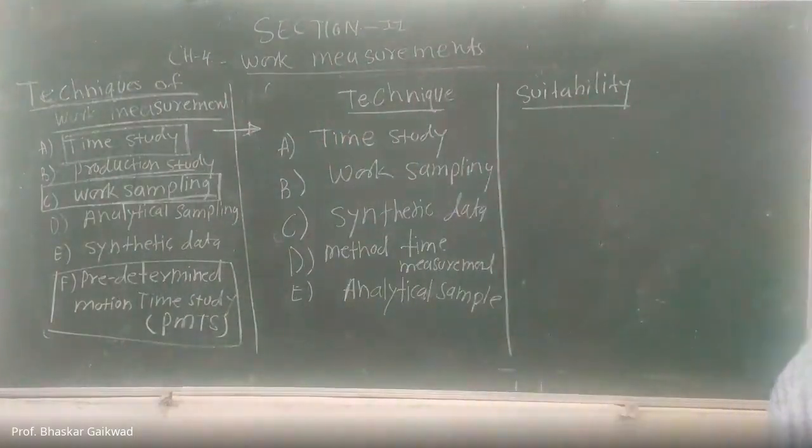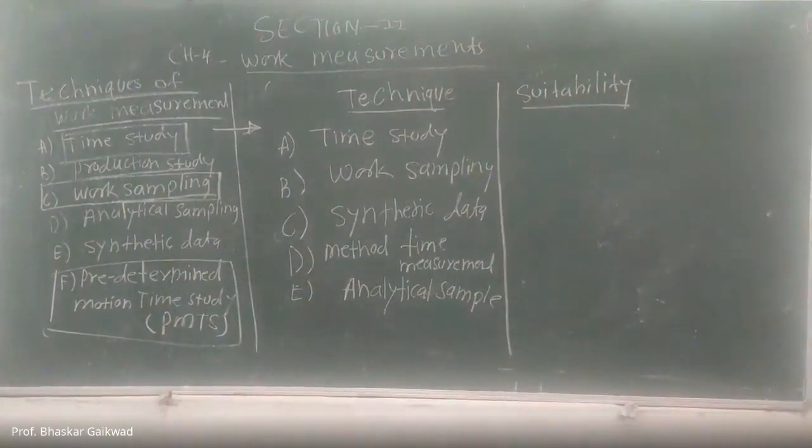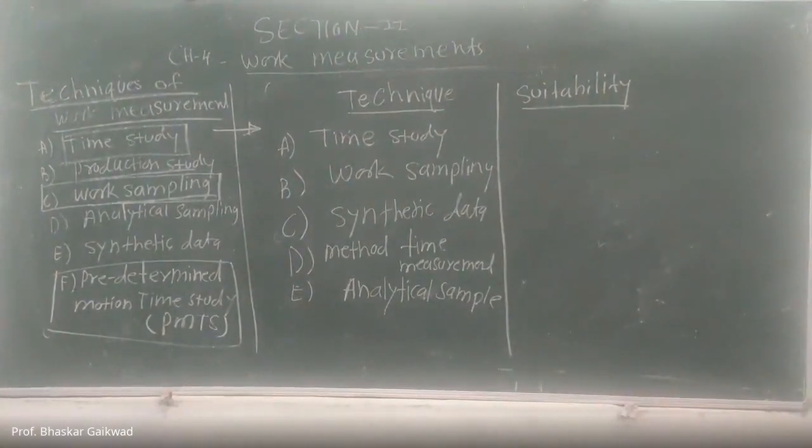So here the techniques are time study, then work sampling, synthetic data, method time measurement, and analytical method. So when we can use this production study, we can use it in terms of the quantity, how much quantity needs to be produced within one shift.